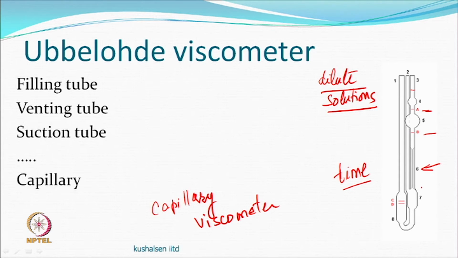Once it is fixed, the flow rate will be decided by the viscosity. They measure the time from this particular point to this marking. Of course, the whole thing can be submerged in a bath so that you can have temperature control.